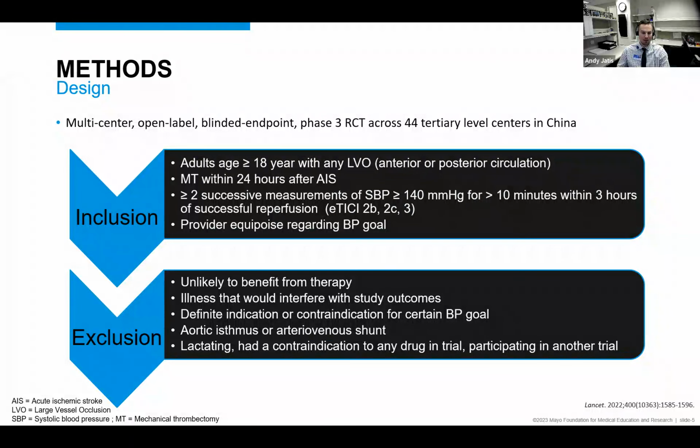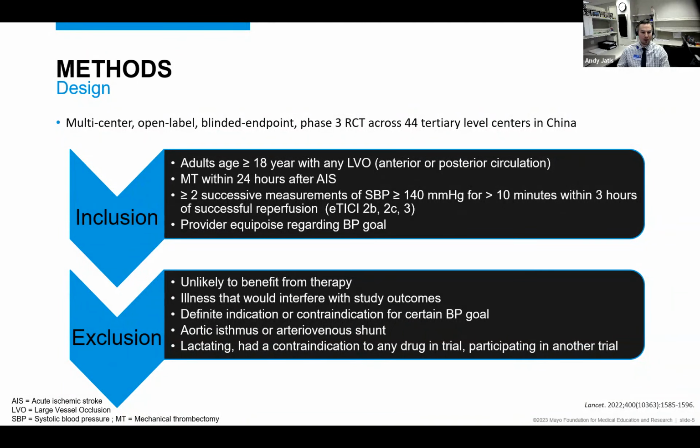And then looking here at exclusion criteria, if it was deemed by the providing group that patients were unlikely to benefit from therapy, they were excluded. Also excluded were illnesses that would interfere with study outcomes, things like advanced stroke disability at baseline, advanced cancer, and Parkinson's disease, and a few other disease states. There was a clear indication or contraindication for a certain blood pressure goal other than what would fit the study protocol.